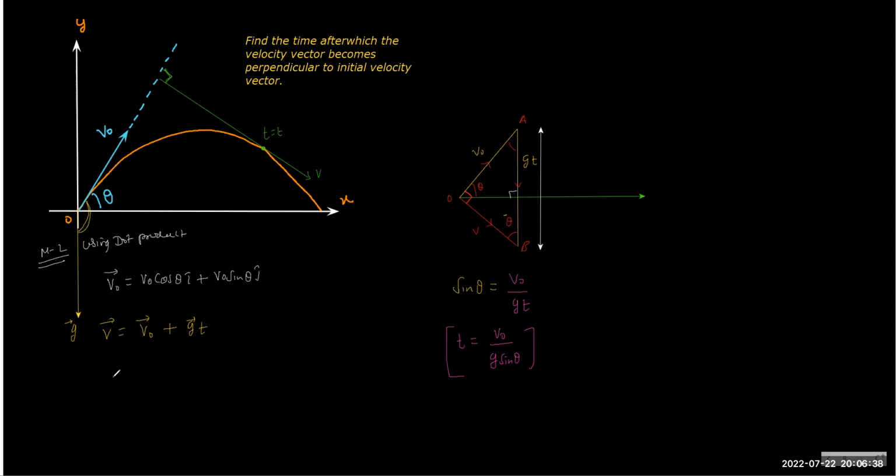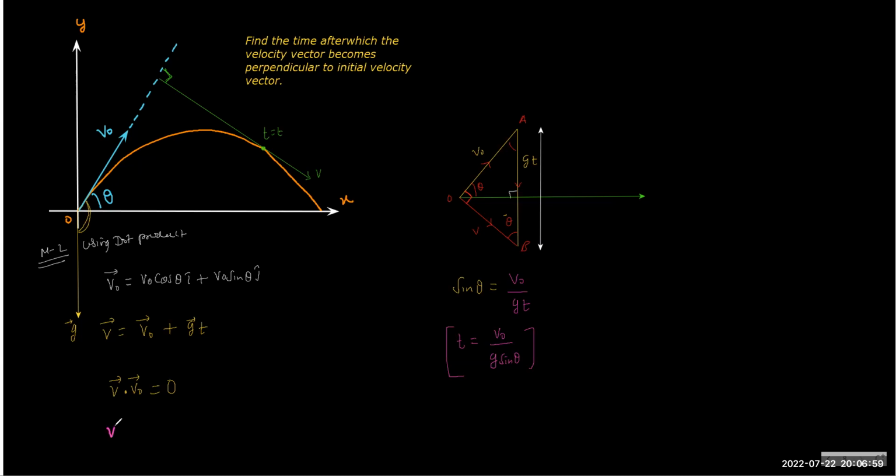Now see the magic. V dot V naught must be 0. Yes or no? Tell me. The initial and the final are mutually perpendicular, so the dot must be 0. Yes or no? Tell me, guys. Yes, sir.